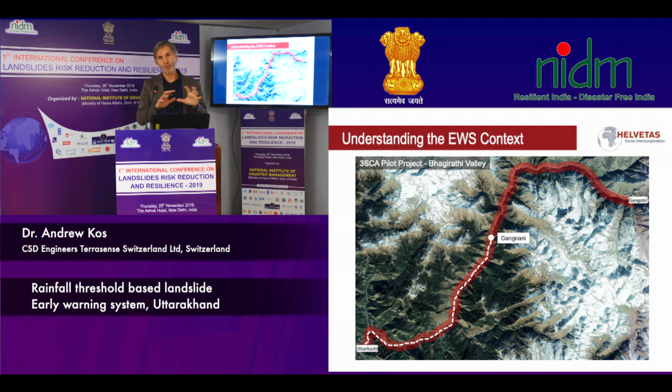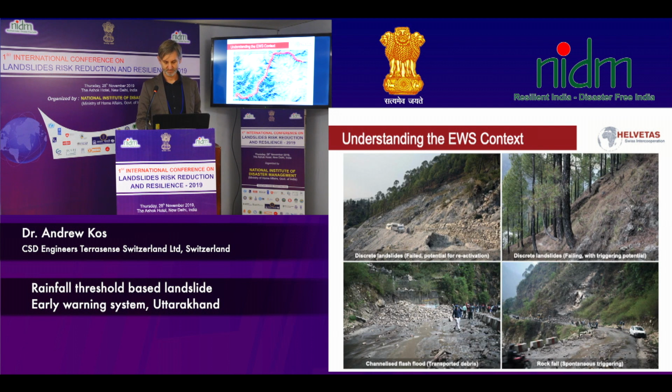So we have a whole range of different phenomena, rockfall, landslide phenomena. And how are we going to build a system that takes all of those different phenomena into consideration when the rain falls, and then decide where is it going to be higher or lower danger? That's a challenge.